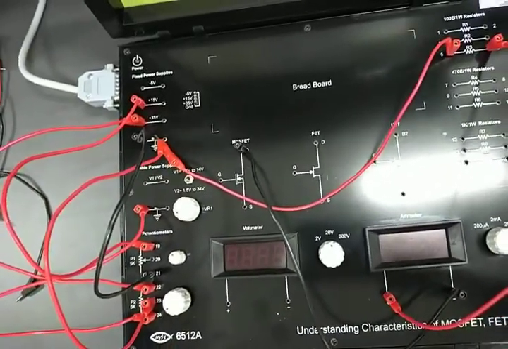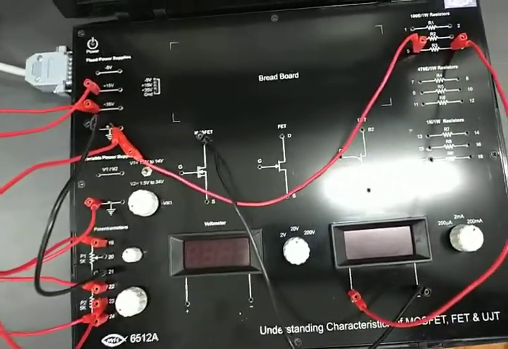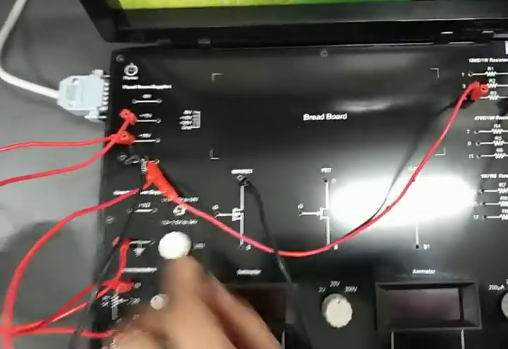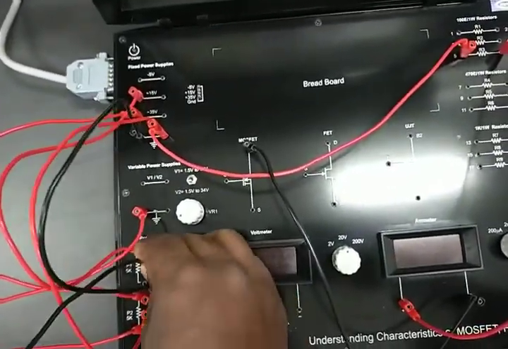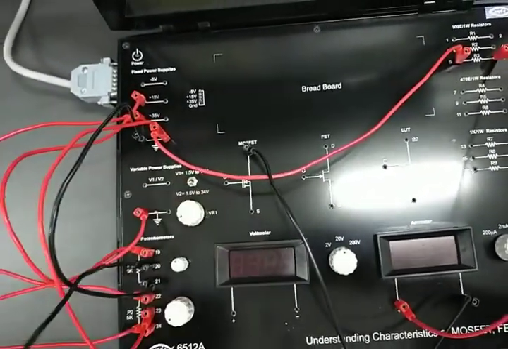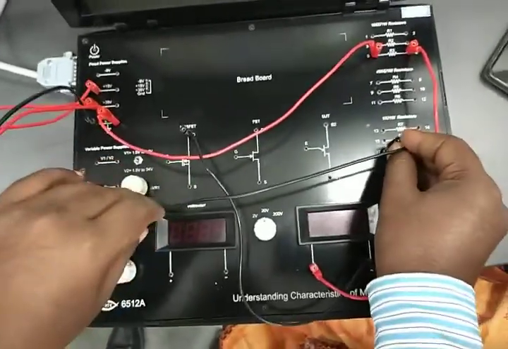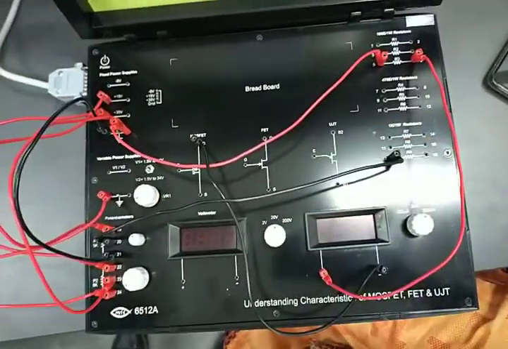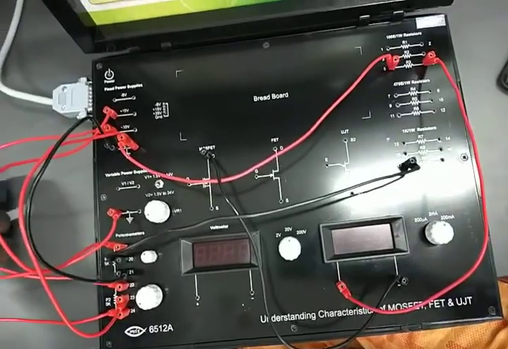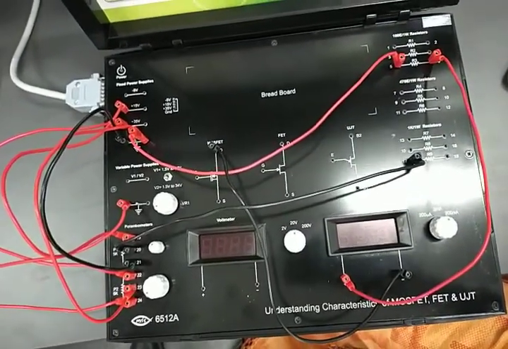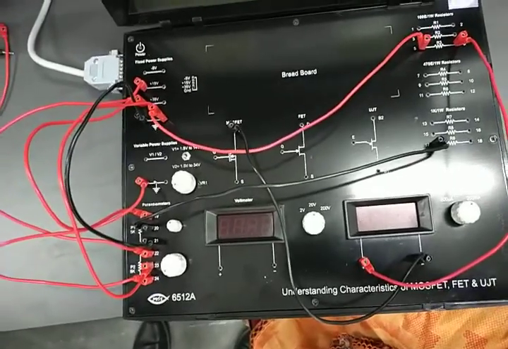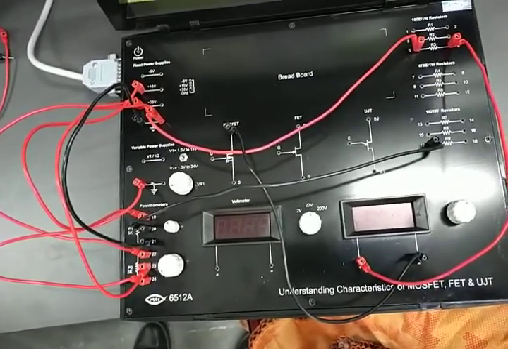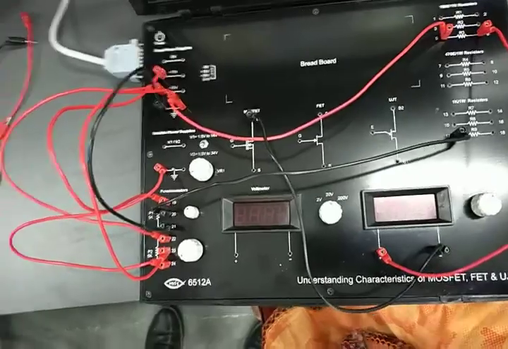Now connect terminal 20 of P1 to terminal 17 of R9. Connect terminal 18 of R9 to the gate of the MOSFET to give us a supply of 15 volt for the gate.